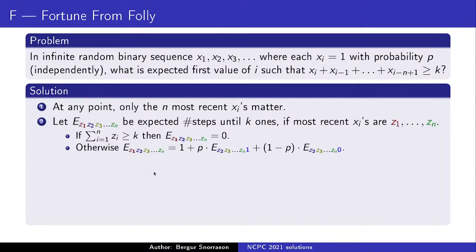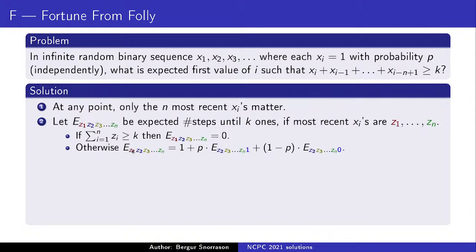And otherwise, if this is not the case, we have to take at least one step. So this expected value is 1, and then when we take one step, we get one new value, which could either be a 1, with probability p it is a 1, and then we're in a state where we have z2 up to zn and a 1.